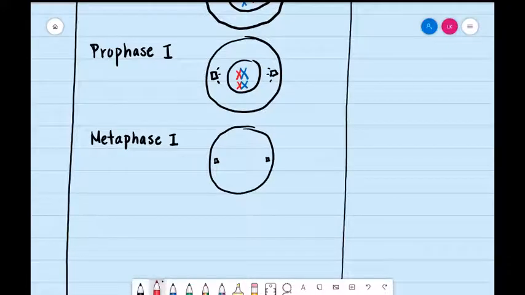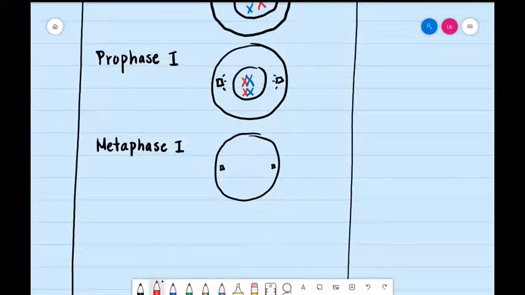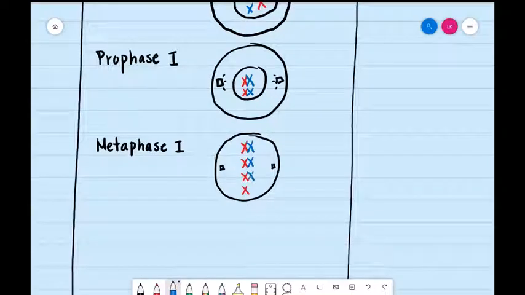Each of the homologous pairs, now, of course, there's way more than this, but let's pretend for the sake of fun and ease that there's just 4 sets. They line up down the middle with their buddy.